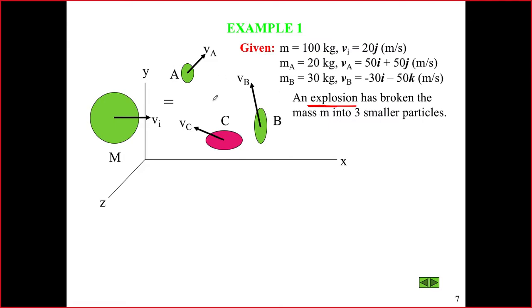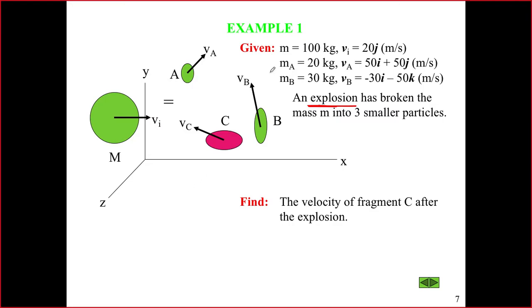So now what do we want to do? We know the initial mass and its velocity. We know what the mass A is, what the mass B is, and what its final velocities VA and VB are in Cartesian coordinates. And what I want to do is find the velocity of fragment C after explosion. Please note again, we are going to stick to Newtonian mechanics and non-nuclear mechanics, so to speak.